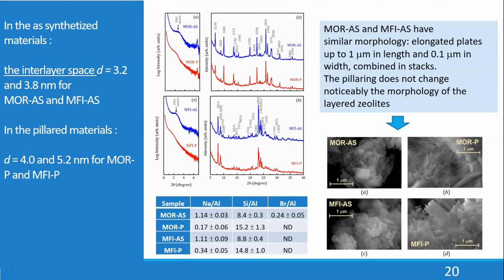I remind you that the calcination occurs for 4 hours at about 550 degrees C. We can see that the as-synthesized samples are elongated plates up to 1 micrometer in length and about 0.1 micrometers in width, combined in stacks. And the pillaring, that means calcination, does not noticeably change the morphology of these zeolites. It's also very important for future applications.